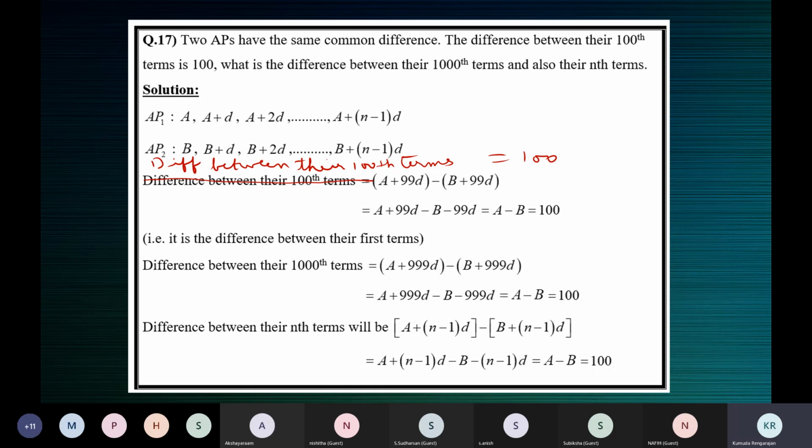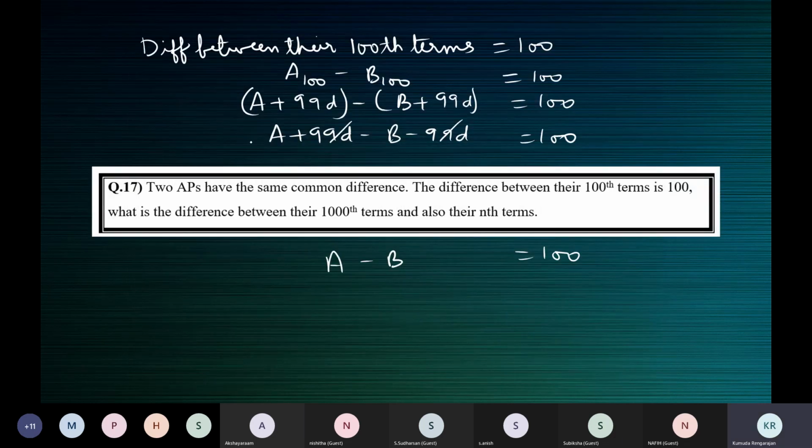Finish writing AP1 and AP2. Now this is given, write this.